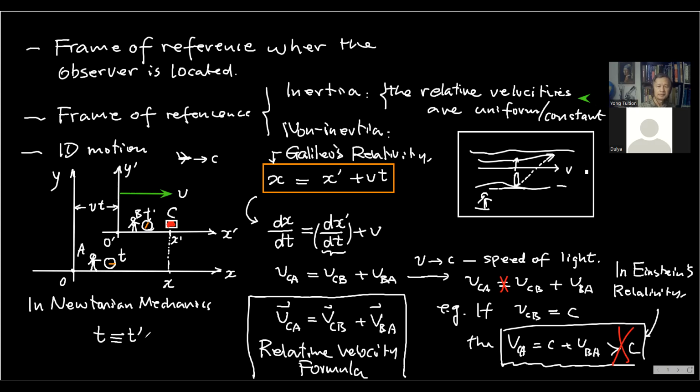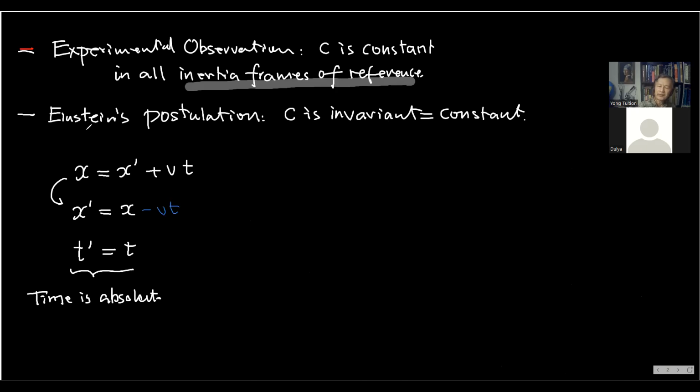Can you see? That is a foundation for classical physics. But in order to satisfy Einstein's postulation, this is wrong. According to Einstein, this is wrong. Okay. So these are only true in limited cases.